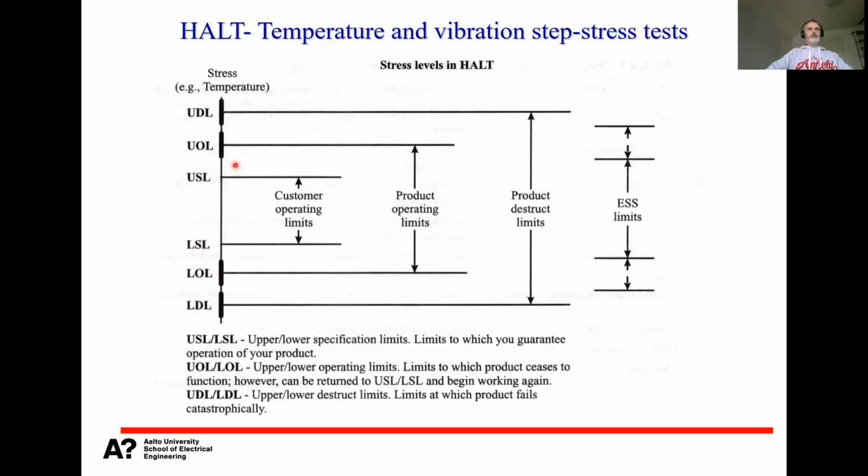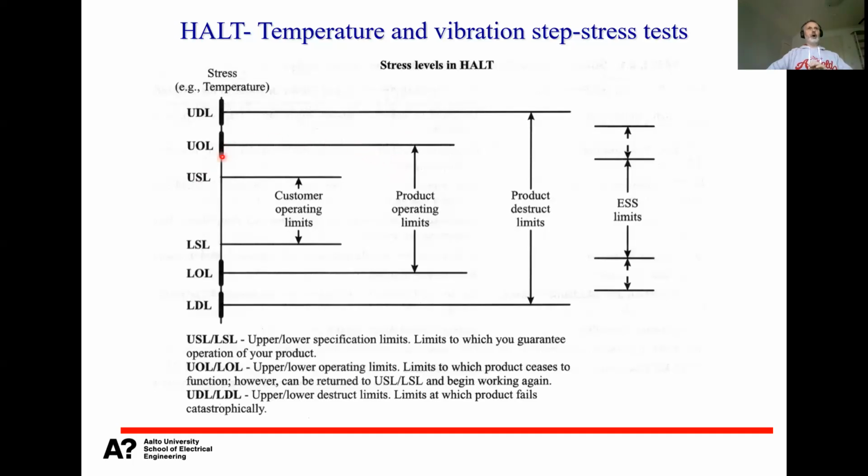So if this would be 80 degrees centigrade, then your operational limit would be 100 degrees centigrade. So when you increase the temperature above 100, then let's say the electronics becomes crazy, so that it's not working anymore, but the smoke is not coming out. So when you decrease the temperature back below the operational limit, then the product starts to operate correctly again.